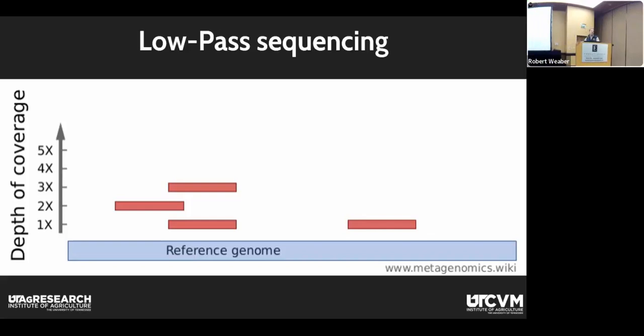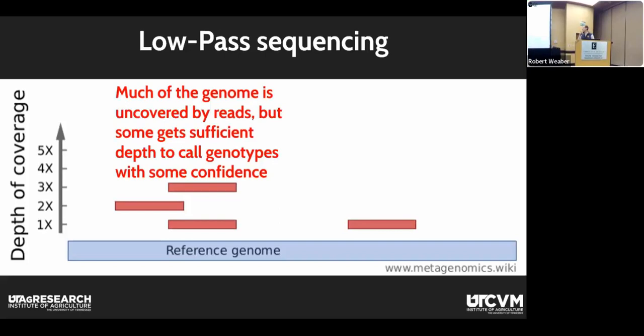But even with 1x coverage, where we have an average of a single read covering the entirety of the reference genome, there are going to be places where we have multiple reads that cover a single position, where we can pretty confidently say something about the variation that might occur at those higher depth of coverage positions. And there are areas of the genome that don't ever see a single read covered.